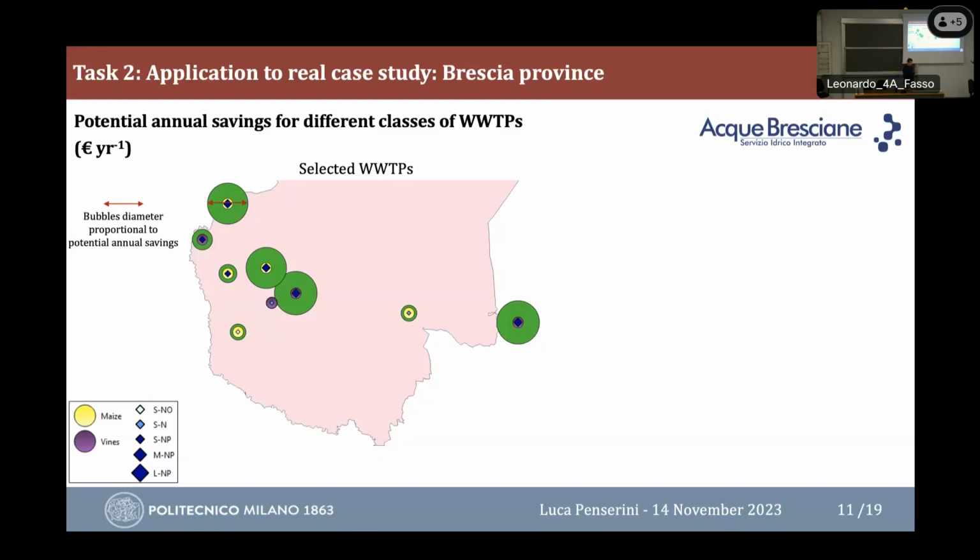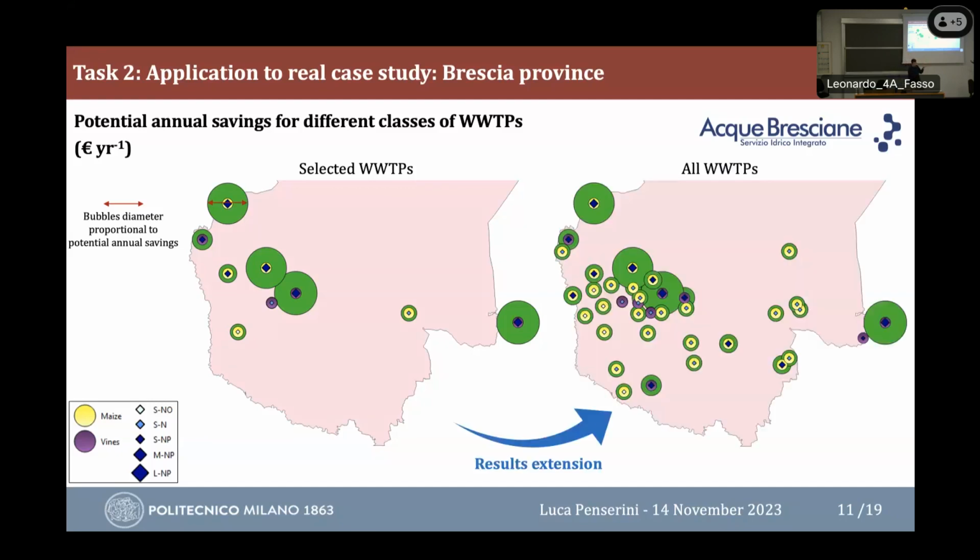The goal is, okay, this is the situation for the ones that we analyzed, but we want to extend the results to all the wastewater treatment plants that are in the province of Brescia. So this is the generic idea and how it can be implemented. From here, we can see that these circled wastewater treatment plants are the most convenient in terms of reuse implementation.